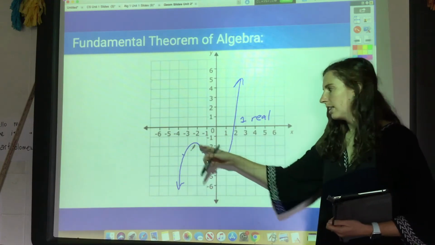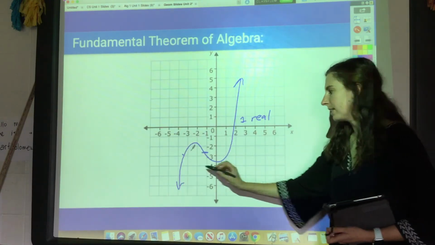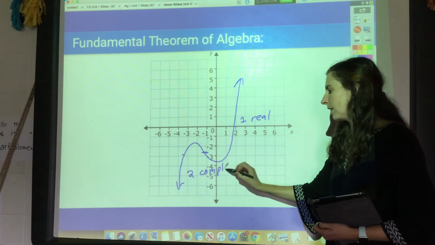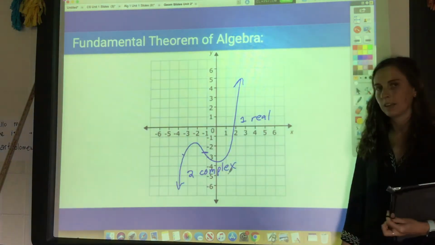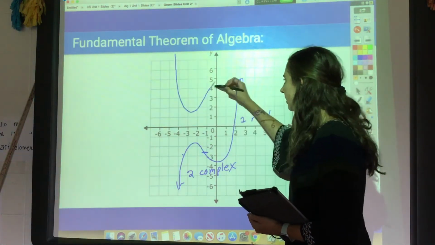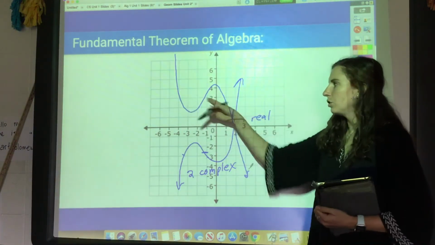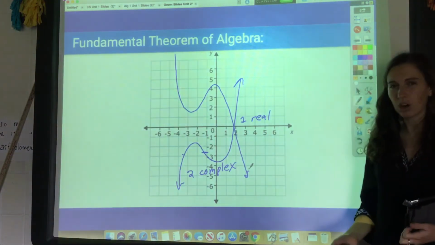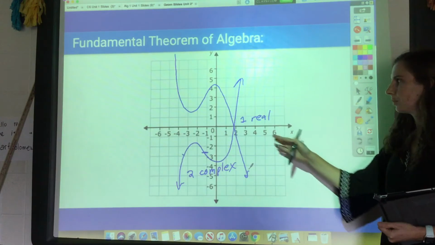So I know that this little hump here basically gives me 2 imaginary or 2 complex roots. That could happen the other way as well, like something like this. That would also have 2 complex and 1 real root. Is it possible to have all complex roots with a cubic?